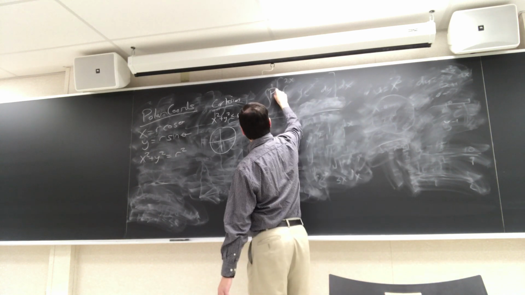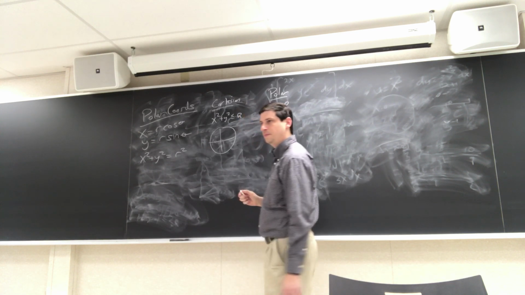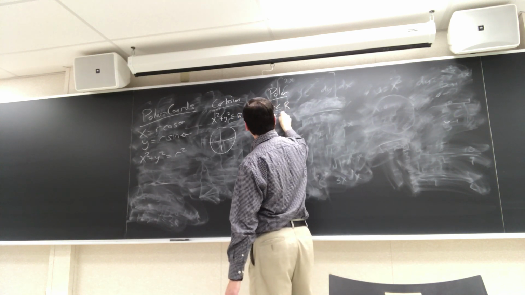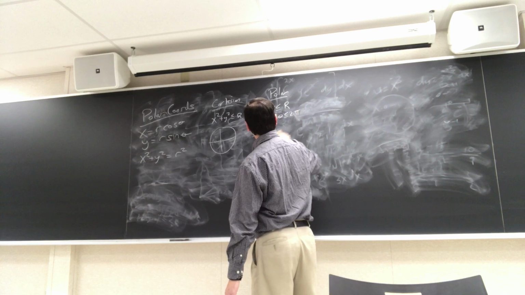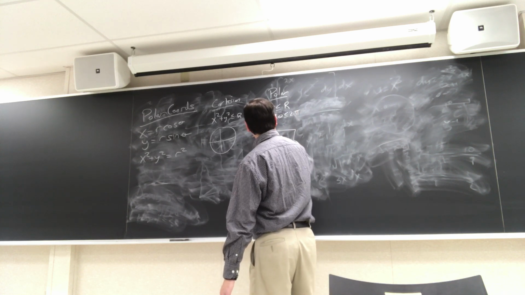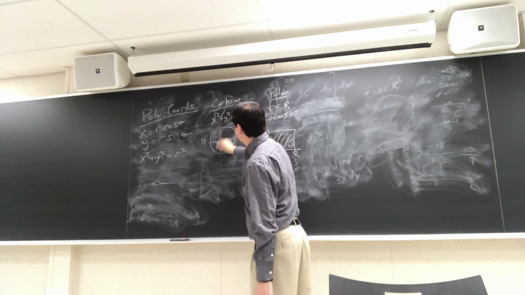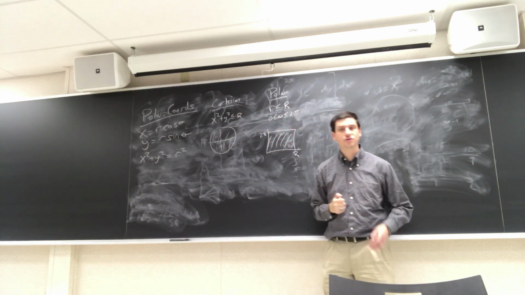In polar coordinates, this is just now r is less than or equal to r, and 0 less than or equal to theta less than or equal to 2 pi. So in polar coordinates, a circle is actually going to just be a rectangle.